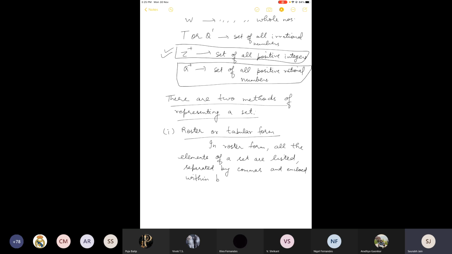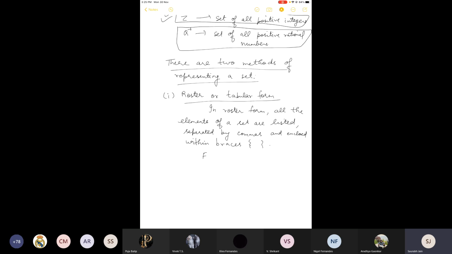Braces have these symbols; these brackets are called braces. Just this, nothing else. Let me give you an example. For example, if I have to write the set of all even positive integers less than 10.